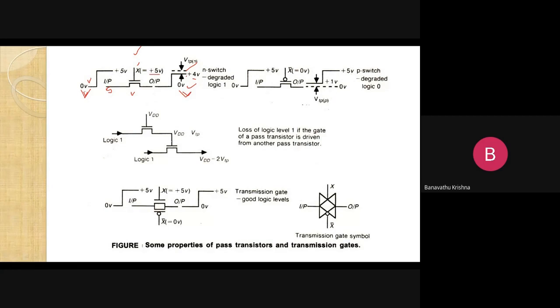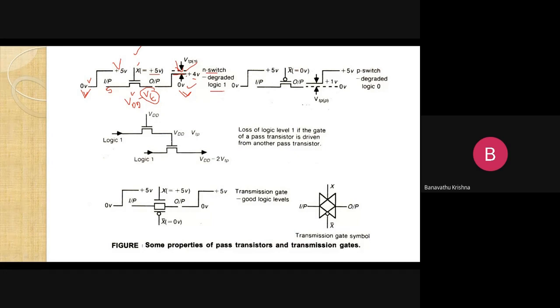So the NMOS pass transistor is strong at 0 and weak at 5 volts, weak at logic 1, meaning it degrades some logic level, which is VT. So VDD minus VT is what we get, and this much voltage is degraded here. So the N switch degrades the logic 1.